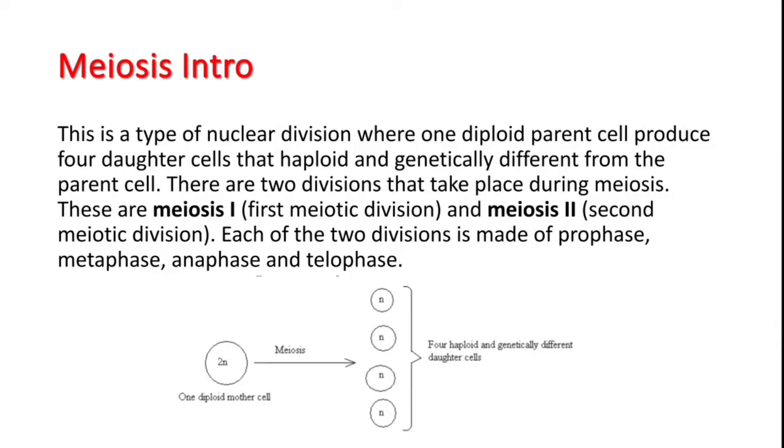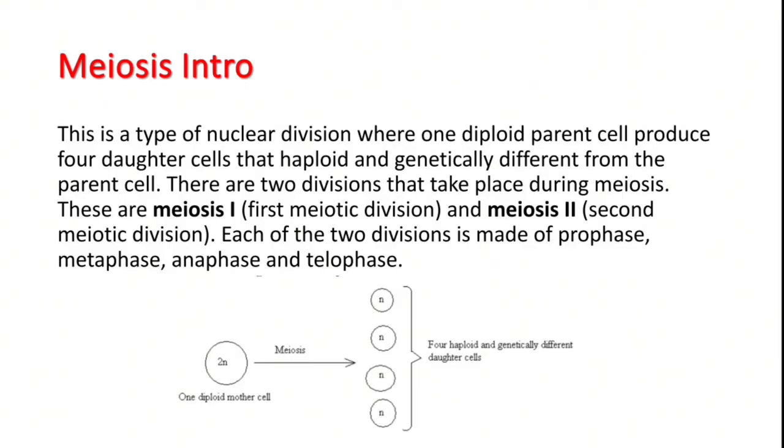Okay, so gametes come from diploid cells. In other words, gametes or sex cells come from body cells. Okay, so a body cell is going to divide, forming 4 new cells. And these 4 new cells are genetically different from this body cell.